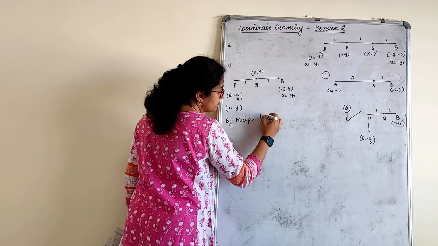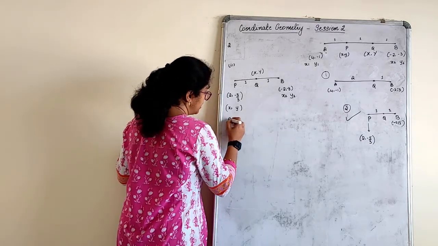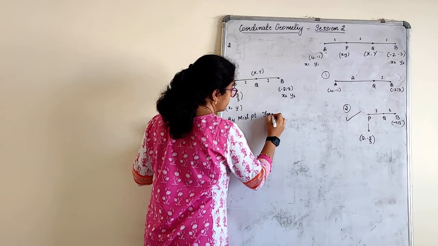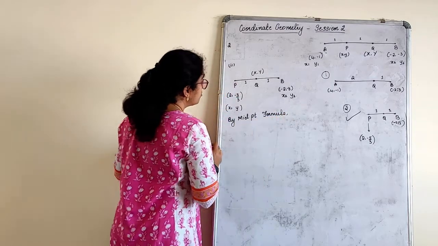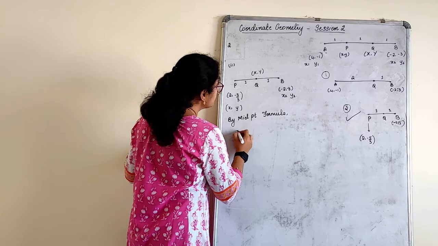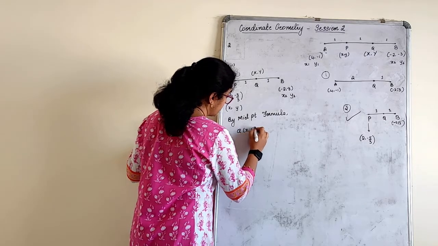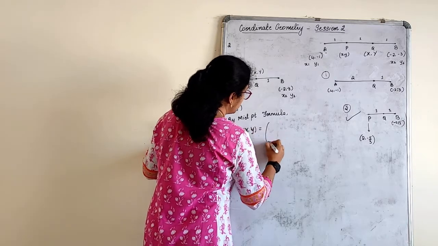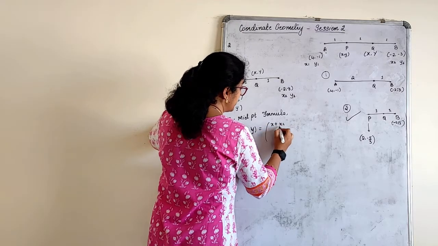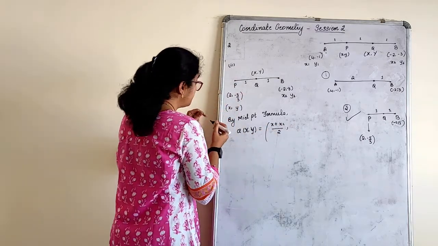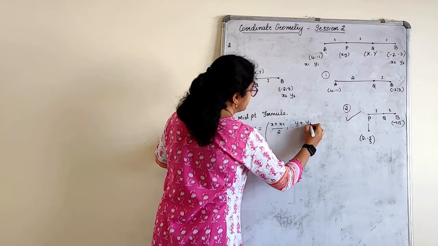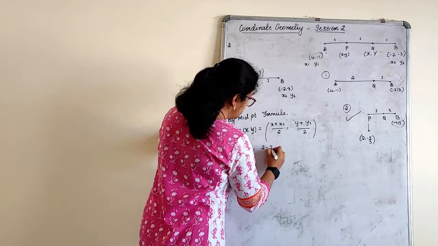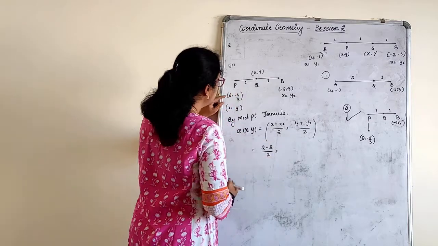By the midpoint formula, Q(x, y) is equal to capital X, capital Y. Q(x, y) is equal to (X plus X2) divided by 2, comma, (Y plus Y2) divided by 2, which is equal to, X is what here? (2 minus 2) divided by 2, comma, what is Y?